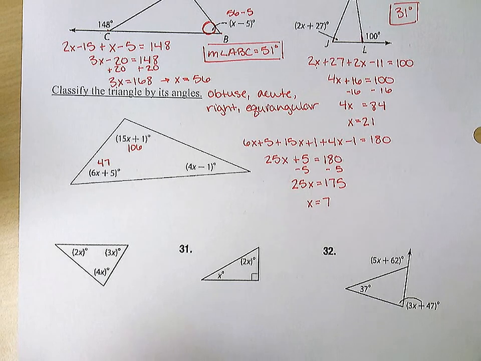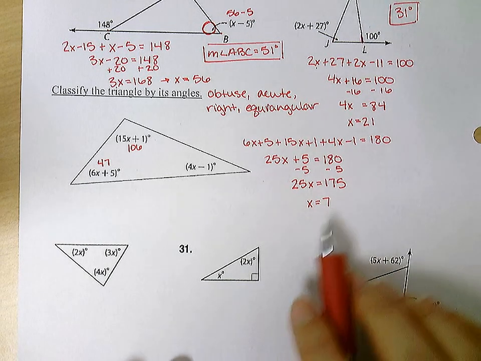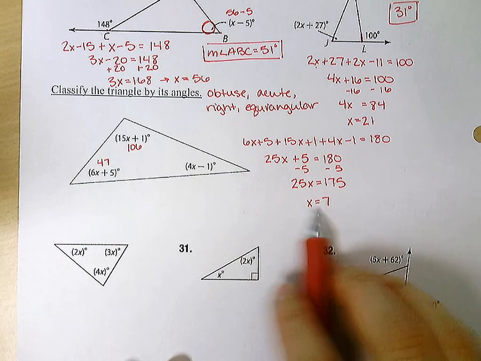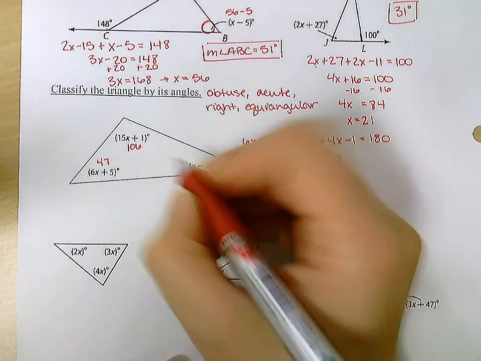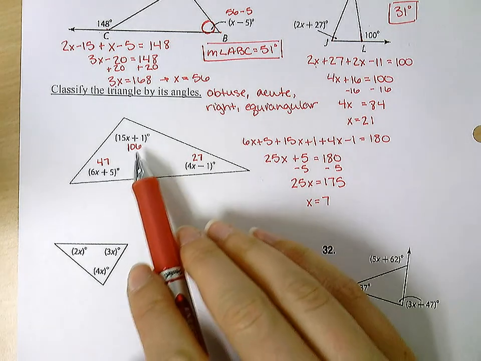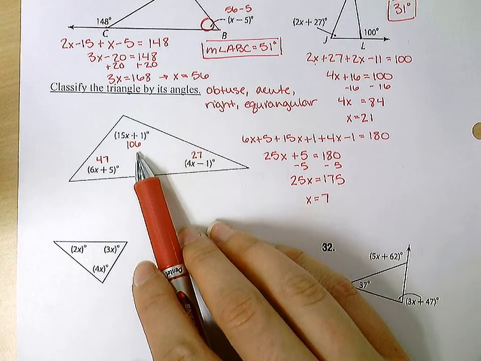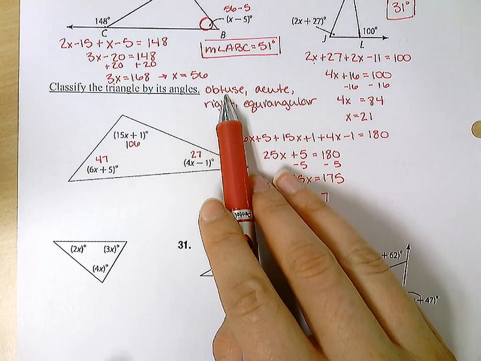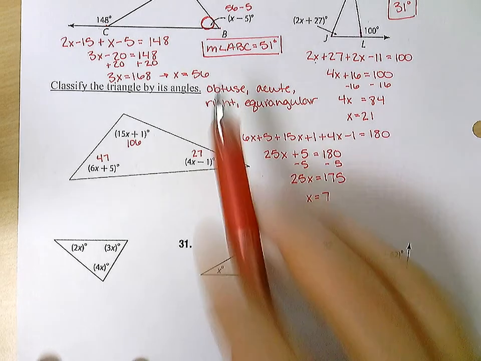That's 106 degrees. Then here I have 4 times 7 minus 1. That's 27 degrees. I have one angle that is obtuse, so this would be classified as an obtuse triangle.